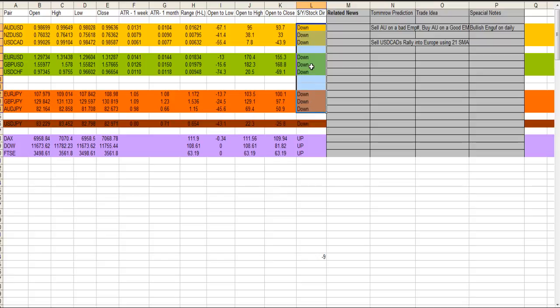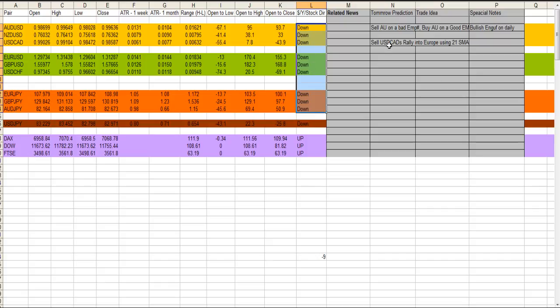So we had Aussie US dollar went up, New Zealand US dollar went up, USD CAD went down, Euro USD went up, Pound USD went up, USD CHF went down, Euro JPY up, GBP JPY up, Aussie JPY up, and USD JPY went down. So the US dollar appears to be the weaker of the two funding currencies.